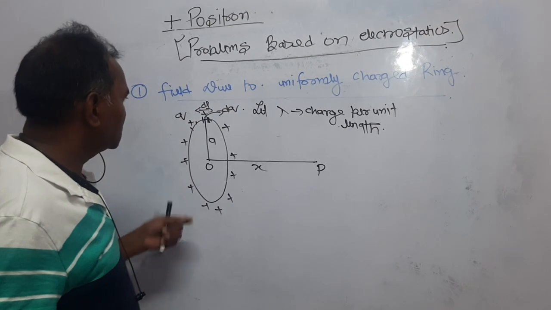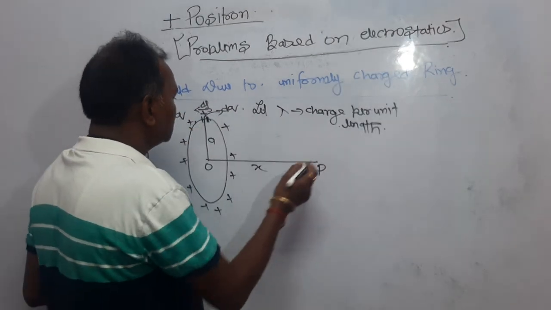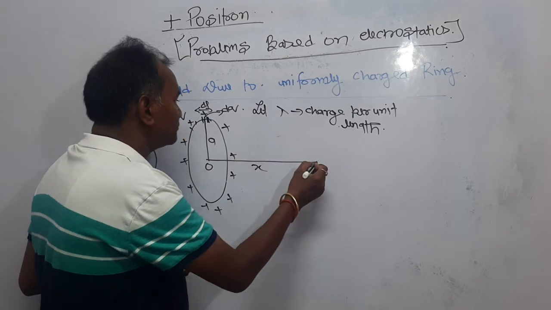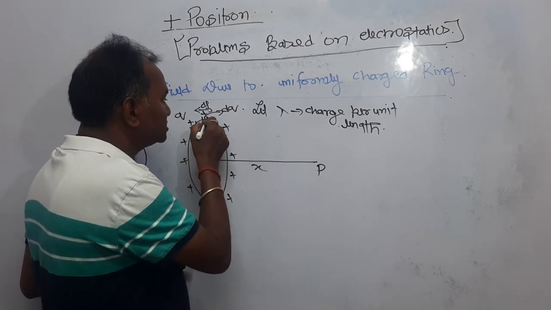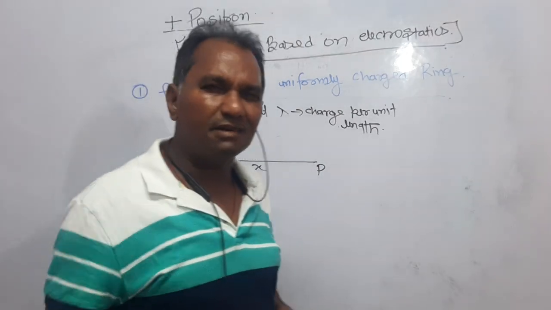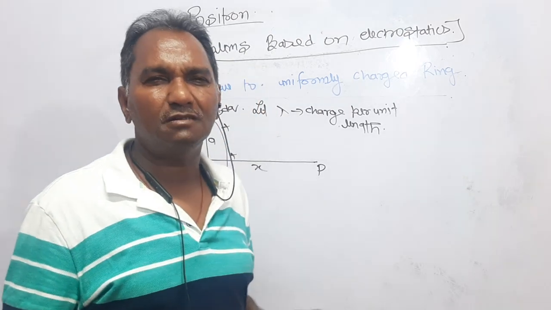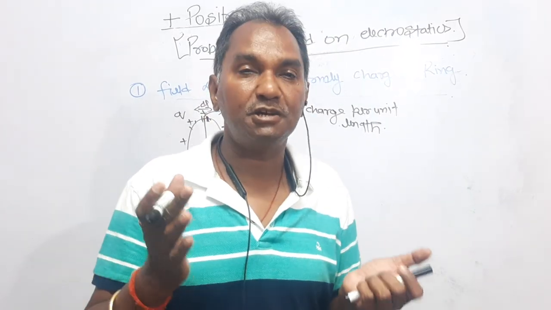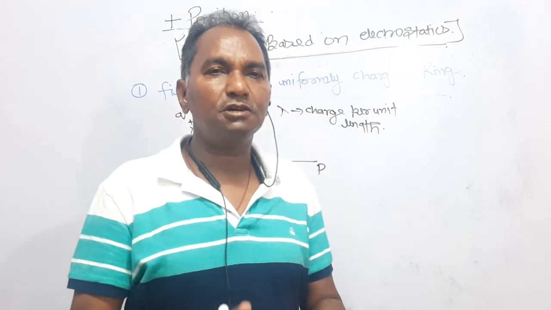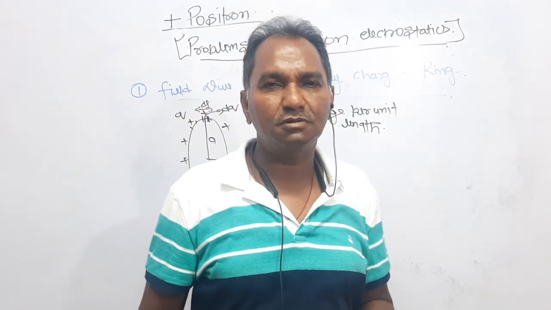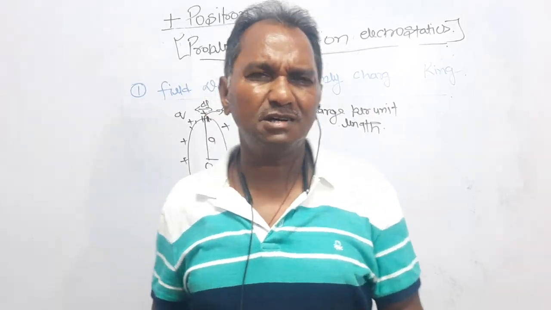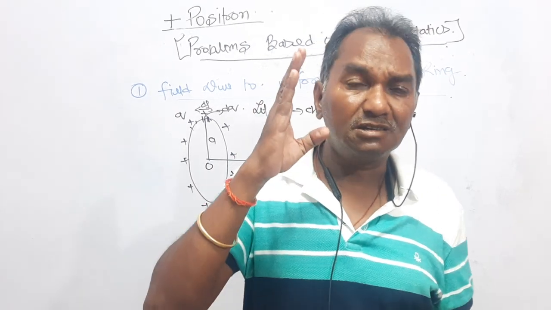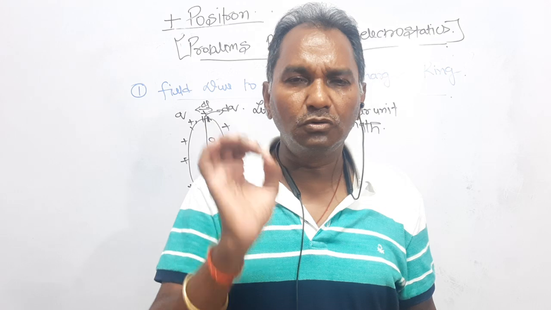Now, dear students, here we will find the field at point P due to this small strip, and then we will integrate it. Integration means addition, summation, and differentiation means breaking. Dear students, when I began my journey with you, I told you there are three basic tools.